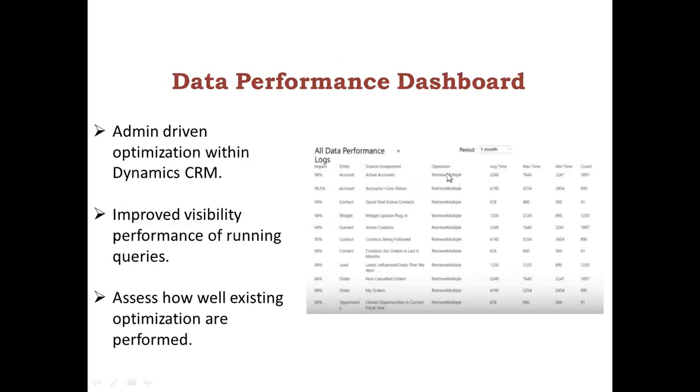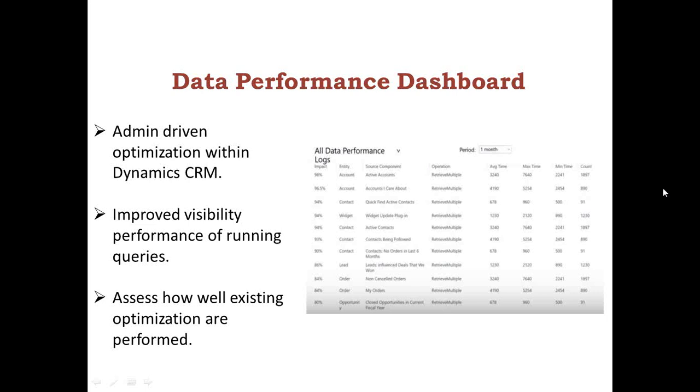Next, we have the data performance dashboards. The data performance dashboard is a newly added feature in Dynamics CRM 2016. Basically, this allows users to identify how long queries take. It means there is admin-driven optimization with Dynamics CRM 2016 which enables customers to understand the performance over time of components with long running queries.